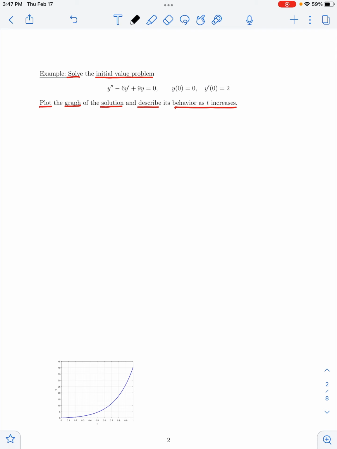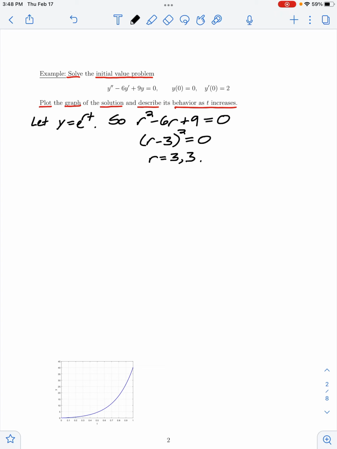And for these types of problems, we seek solutions of exponential form, which means that this constant r would have to satisfy the characteristic equation r squared minus 6r plus 9 is equal to 0, which can be factored as r minus 3 quantity squared is equal to 0. And so we have a real repeated root of positive 3.